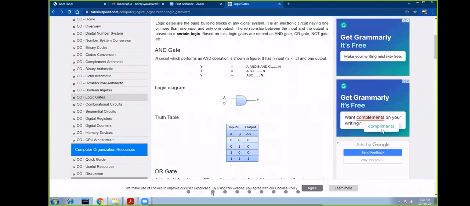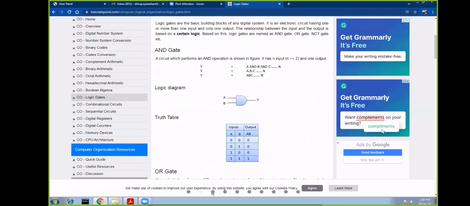Suppose we have an AND gate. In AND gates, we have to satisfy all the conditions. If any of the conditions is false... In binary language, we are learning 0 and 1. Suppose 1 represents pass, 0 represents fail.